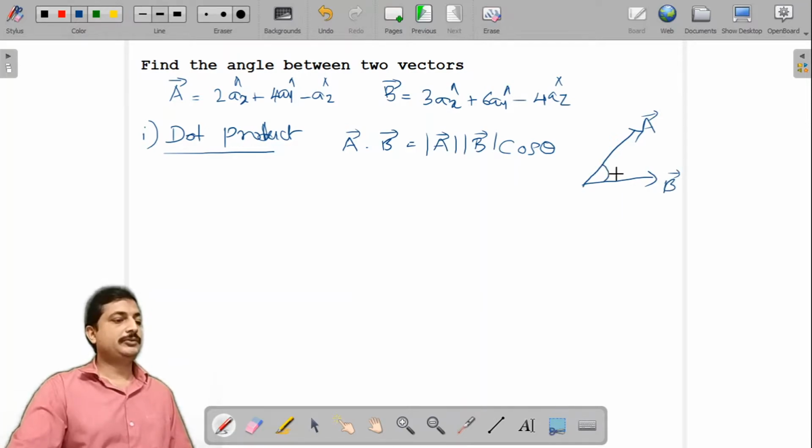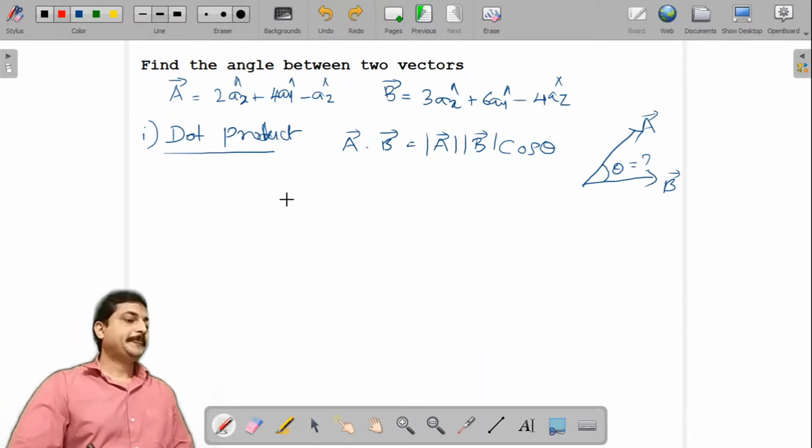You are asked to find the angle between them. So in this formula you have to find what is theta. How to find that?